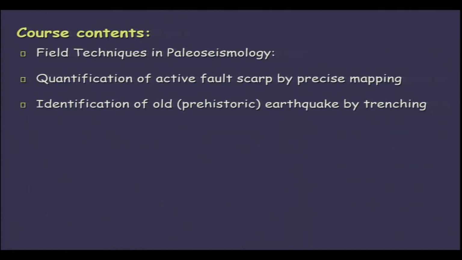So, the quantification of active fault scarps with precise mapping, that is what I was talking about, we will use different techniques, different tools to quantify these landforms, and the best we can use are total stations, which will give us the elevation variation.